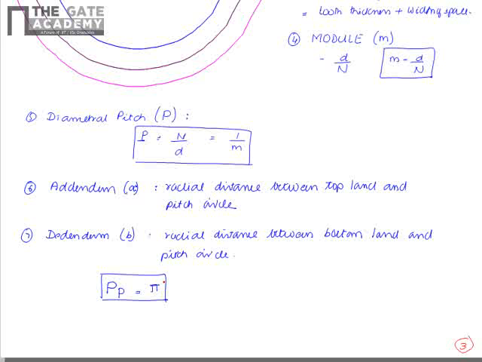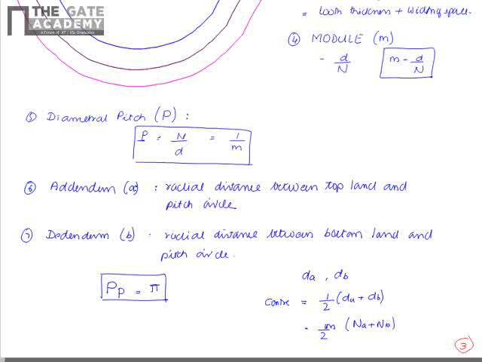Now, if two gears are mating, whose pitch circle diameters are dA and dB, the central distance between the two gears will be given as half of dA plus dB, that will be half of m by 2 into NA plus NB.